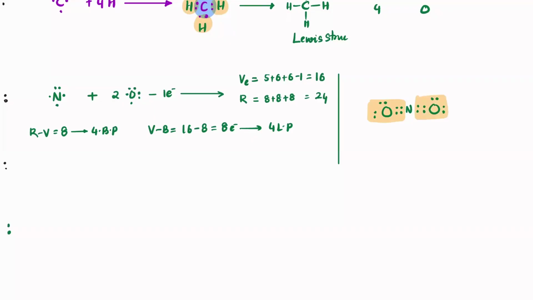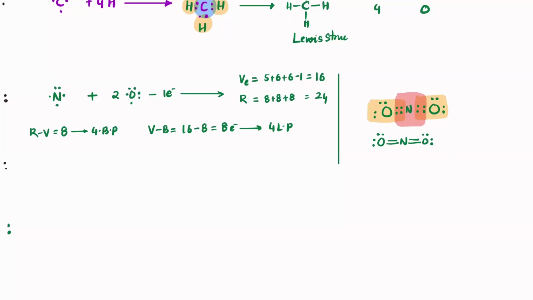And next, here we have 8 electrons. Here, this is the bond formation. So therefore, we have O, double bond N, double bond O. Lone pair, lone pair, lone pair, and lone pair. That's it. So this is the final bond formation. Clear?